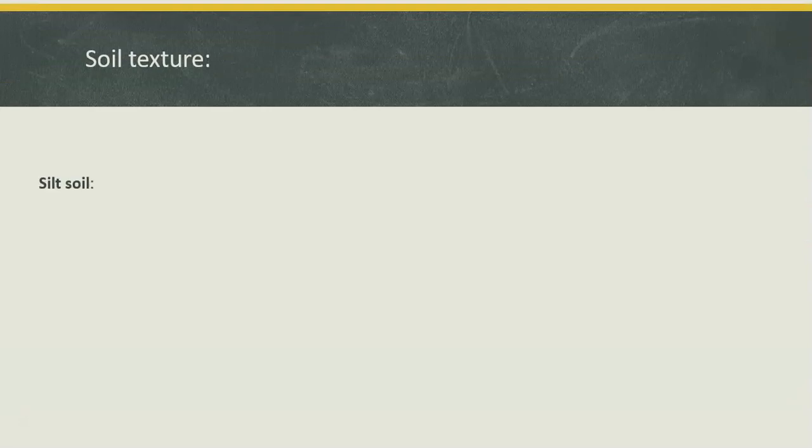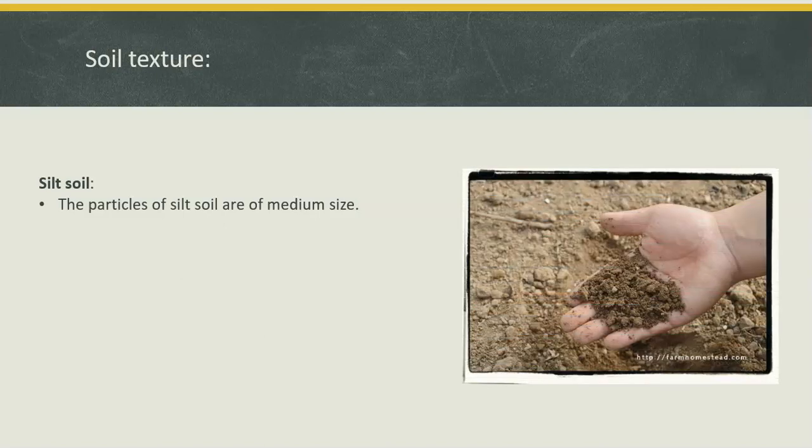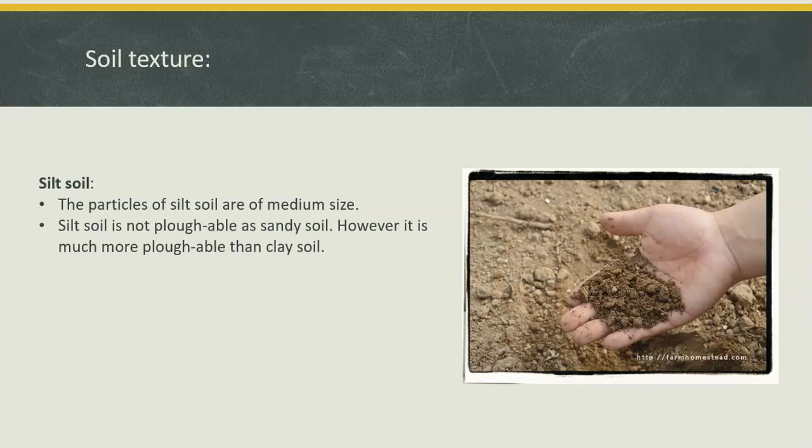The next type of soil, my dear students, is silt soil. The particles of silt soil are of medium size, a little smaller than sandy soil. You can see the difference over here. Silt soil is not as plowable as sandy soil. However, it is much more plowable than clay soil.